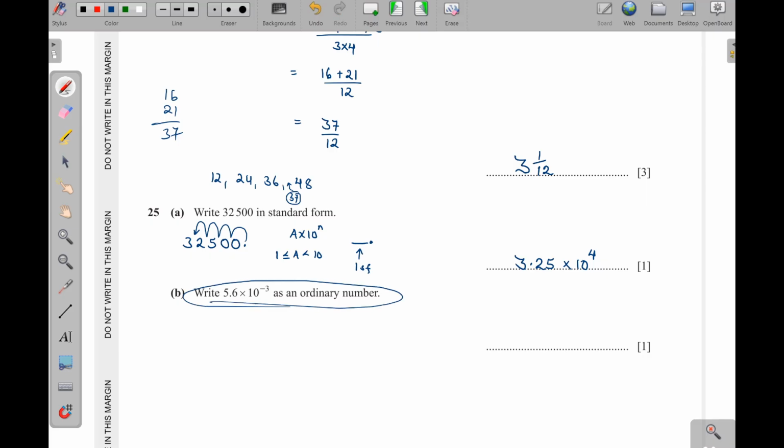Okay. Then write this one as an ordinary number. So we shall have 5.6. Then we move 3 places onto the left. 1, 2, 3, like that. So we put zeros here. That means we shall have 0.0056.